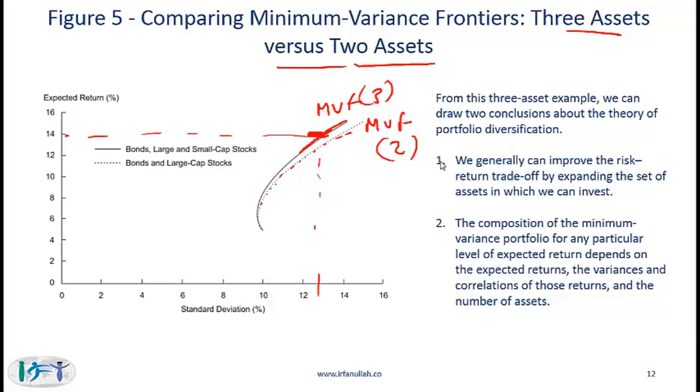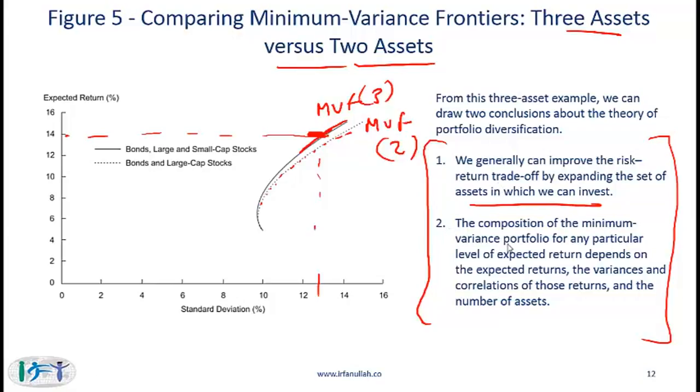All right, and these are phrases from the curriculum which I'll read out aloud so that they can be memorized. We generally can improve the risk-return trade-off by expanding the set of assets in which we invest. So when you add more assets, that improves your diversification.